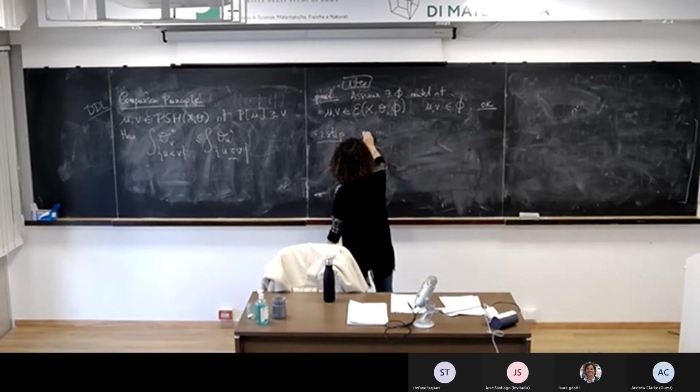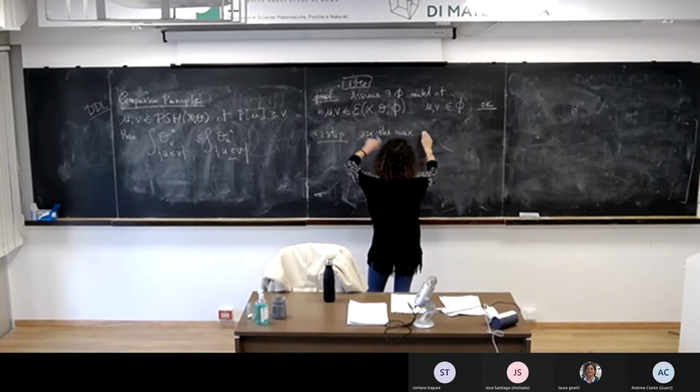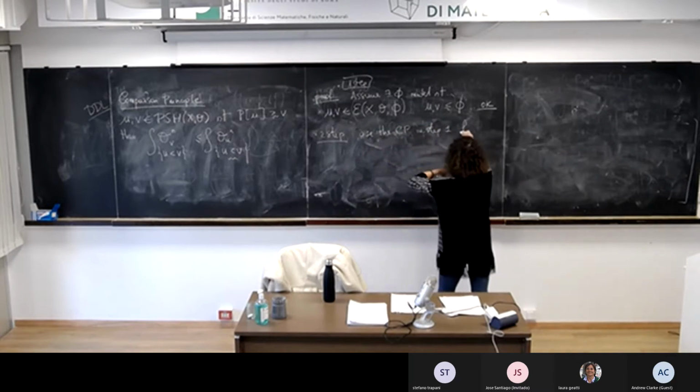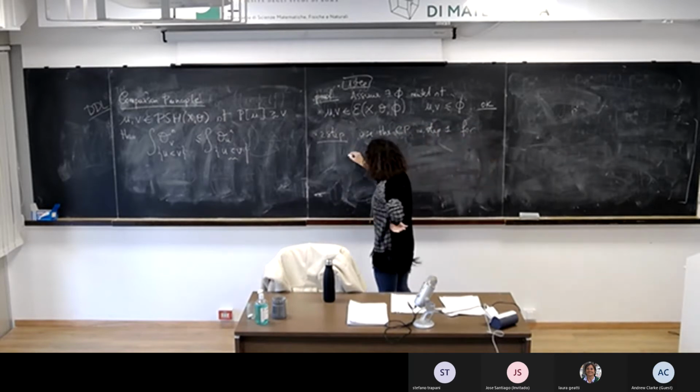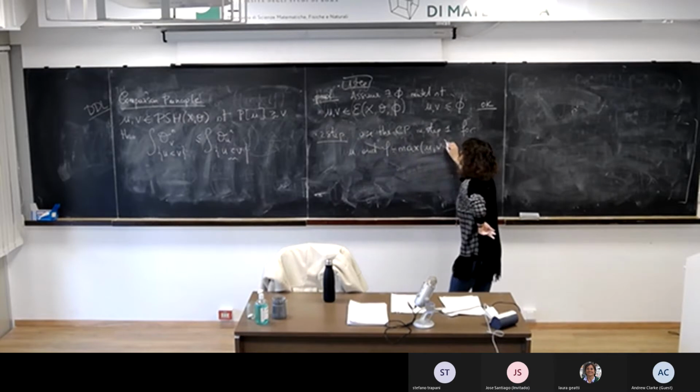We use the comparison principle, which is step 1, for u and phi, which is equal to the maximum between u and b.